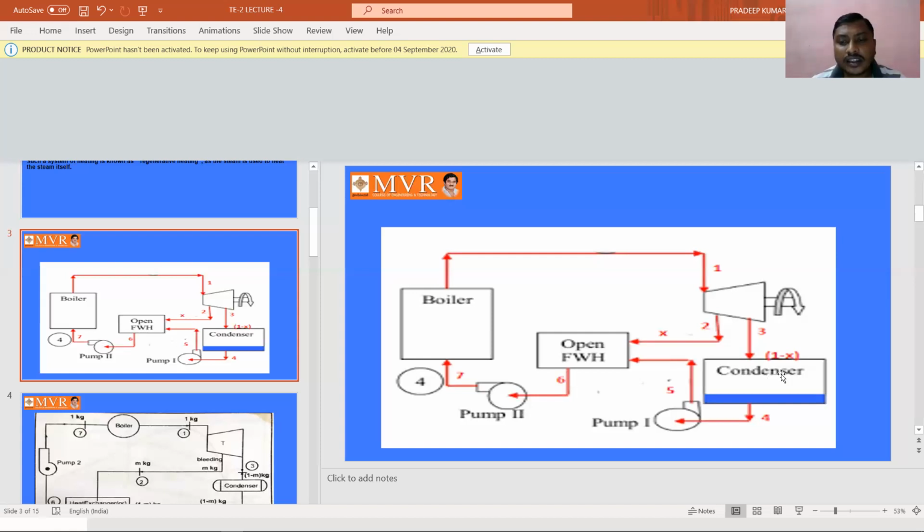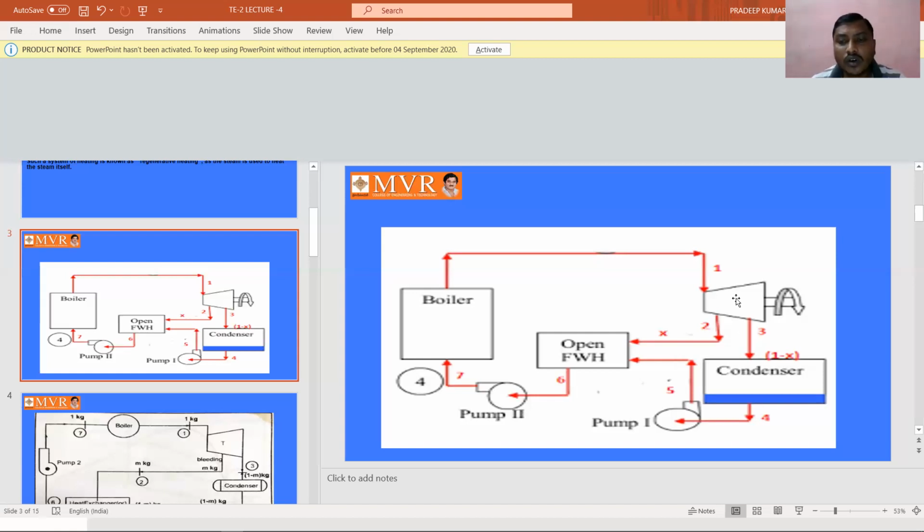In the condenser, some condensation takes place, meaning the heat is rejected here, and the steam which entered the turbine is cooled here, and by using this pump, see here, it enters the feed water heater.